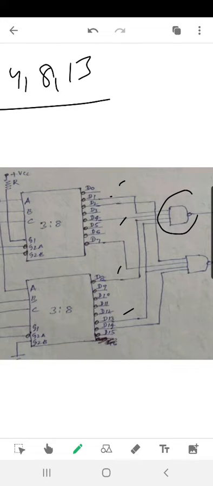When they are connected to our NAND gate, we will get an output that will be our function P. Similarly, pin number 2, then pin number 7, then pin number 14 and pin number 13, when they are given to another NAND gate, we will get output Q.